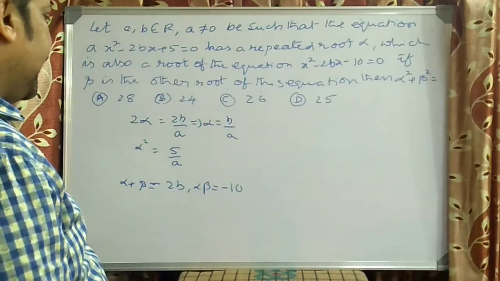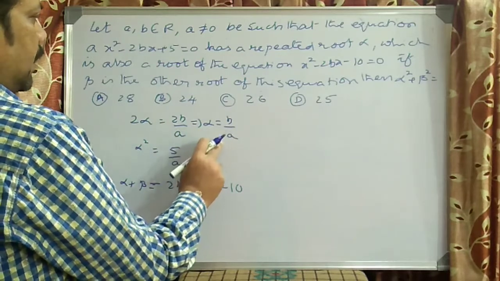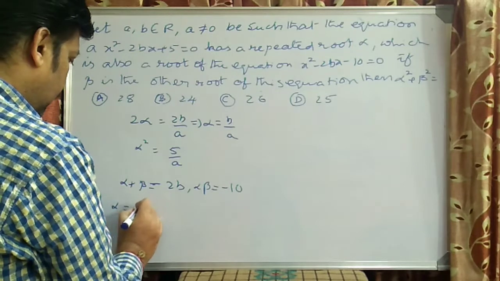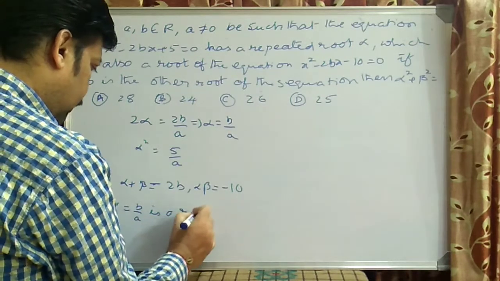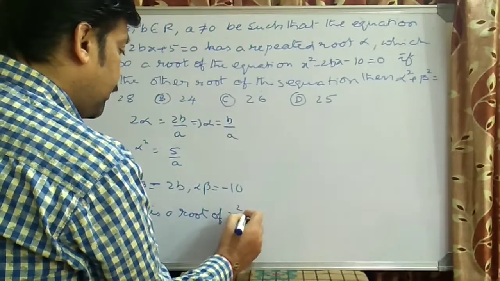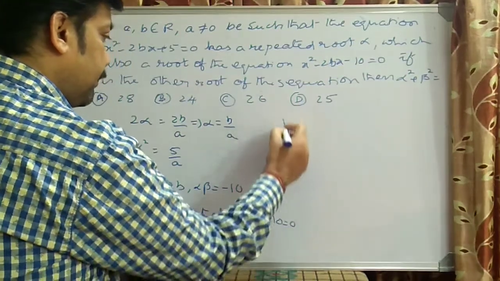Now keeping this aside, I have alpha is equal to b by a is a root of the second equation also. Alpha is equal to b by a is a root of x square minus 2bx minus 10 is equal to 0.